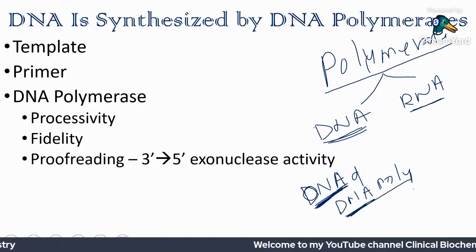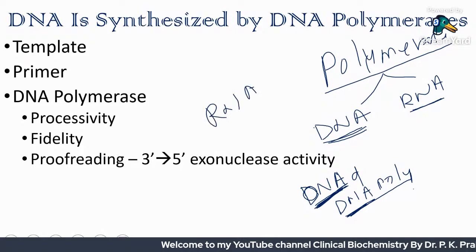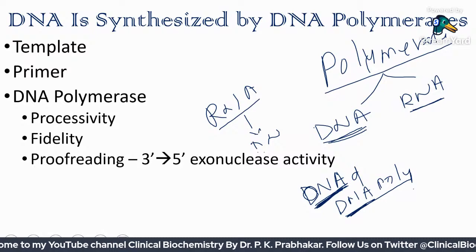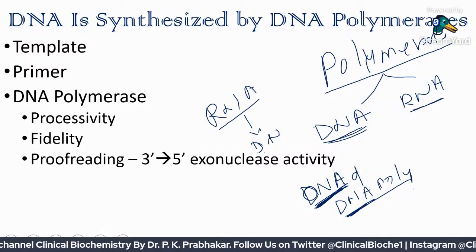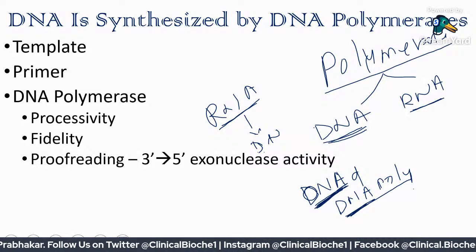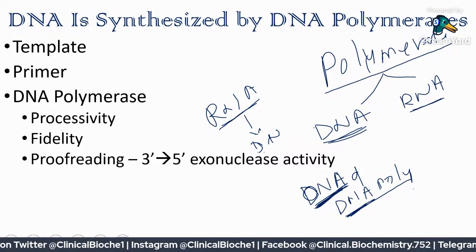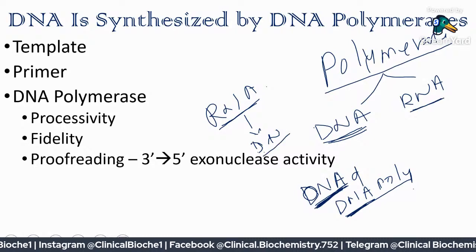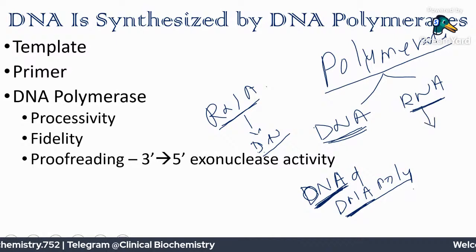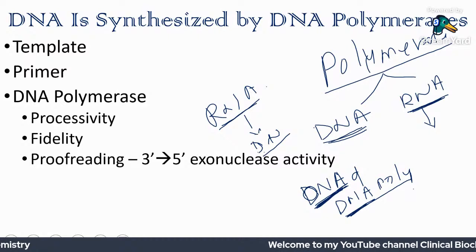If I am going to use RNA as a template and then going to make a DNA, so RNA को यूज करूंगा और DNA बनाऊंगा, then I require RNA dependent DNA polymerase. तो जो आपका टेम्पलेट होगा that dependent DNA polymerase or RNA polymerase. Similarly, if you are going to make RNA to RNA, you require RNA dependent RNA polymerase. If you are going to use RNA and make DNA, then RNA dependent DNA polymerase.